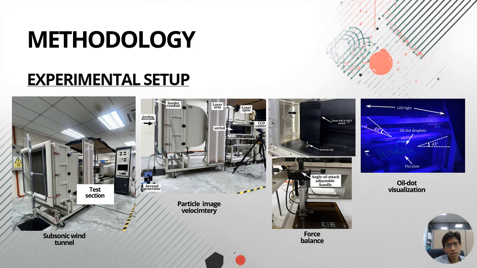In order to test the aerodynamic model with the flow controller in it, the first step of the experimental setup is having a wind tunnel with a test section. With this wind tunnel, we can test several experimental setups. The first is particle image velocimetry, PIV. The second is the force balance system to obtain the lift and drag. And the third is the oil dot visualization, which gives a qualitative observation of the airflow.